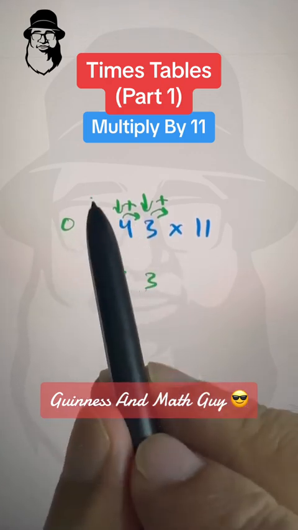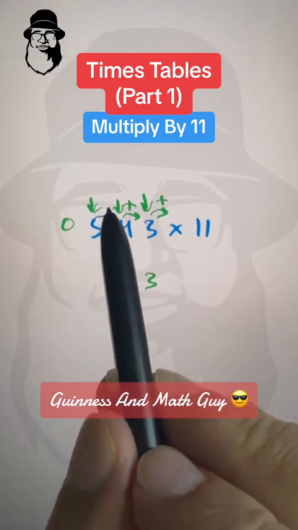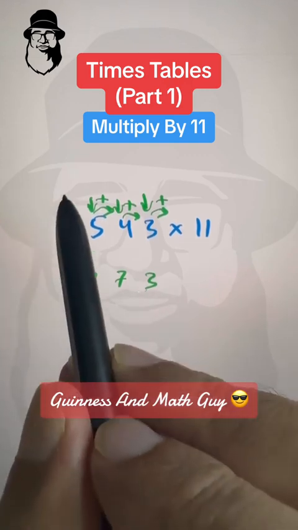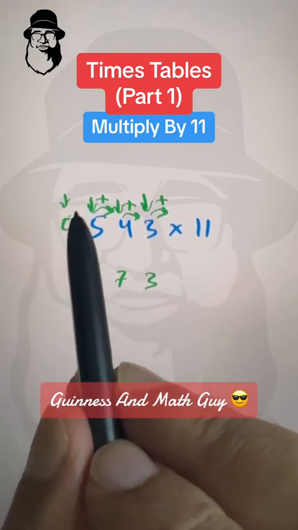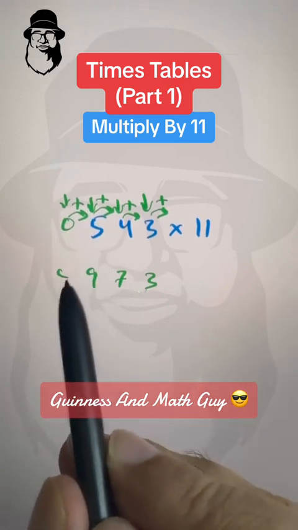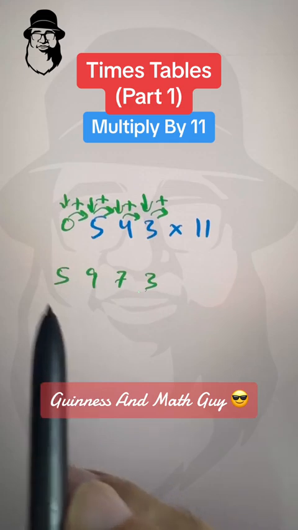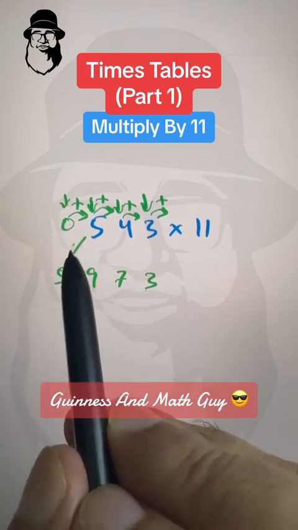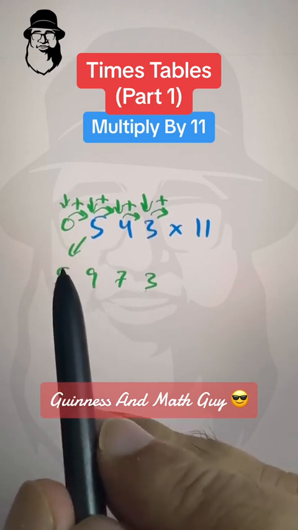Then at number 5, adding the neighbor gives us 9, and at 0, adding the neighbor gives us 5. Now we got the same answer, and this last 0 took care of the third rule, that we have to bring this 5 down as it is.